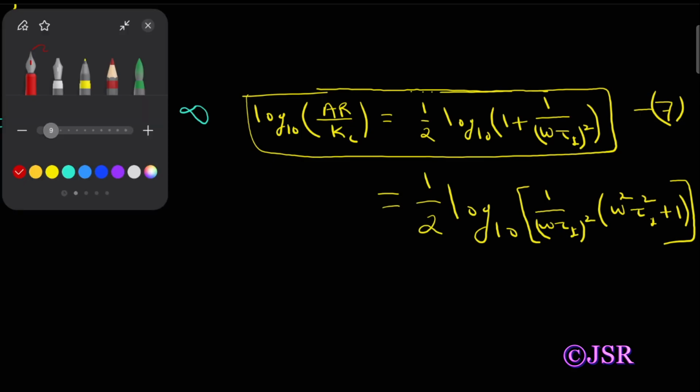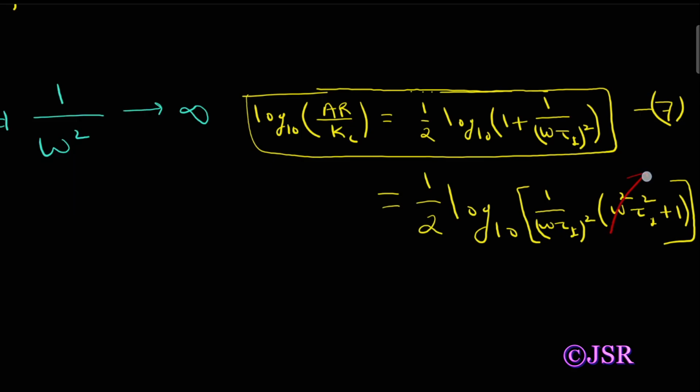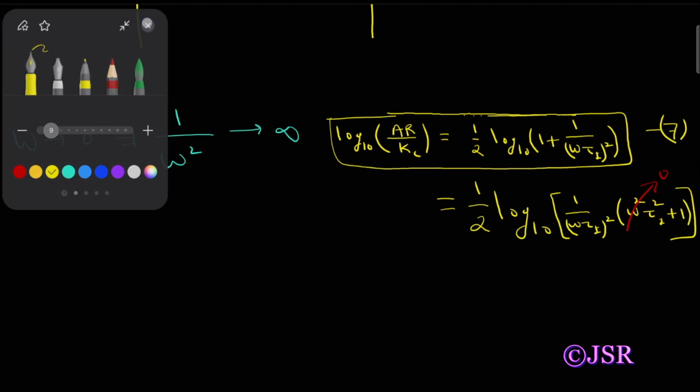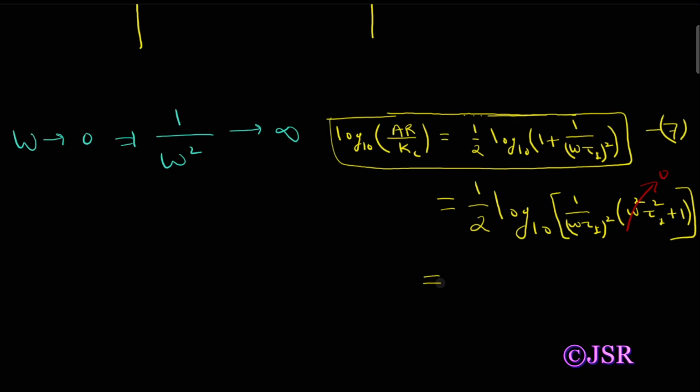So when omega is 0, we will have minus log, so 1 upon omega square will be infinity, right?